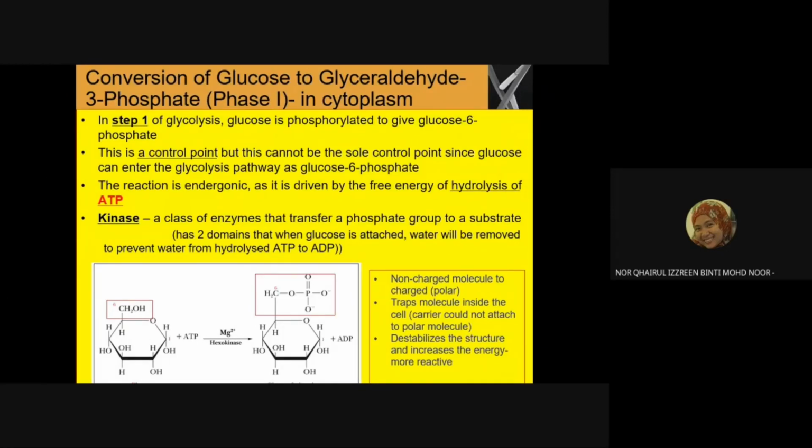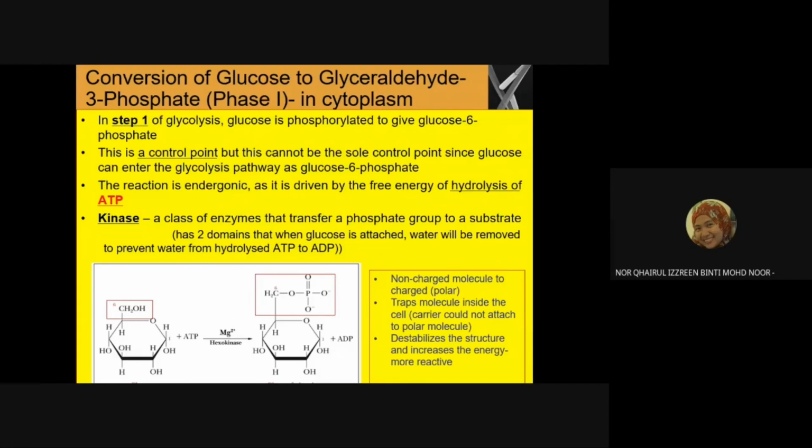This reaction is endergonic, meaning it needs energy. Where does this energy come from? It is from the hydrolysis of ATP, so this is a step where ATP is being used. The enzyme involved in the first step of glycolysis is a kinase, a class of enzyme that transfers a phosphate group from ATP to a substrate.